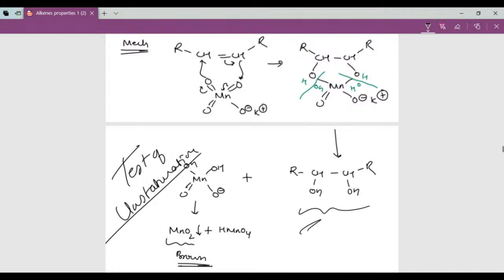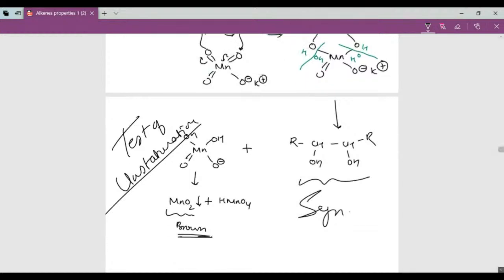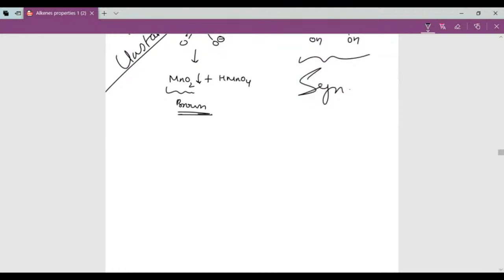And see, again, it is a syn addition reaction because the cycle formed from the same side, and then it proceeded further. So overall the reaction remains a syn addition reaction. Clear?